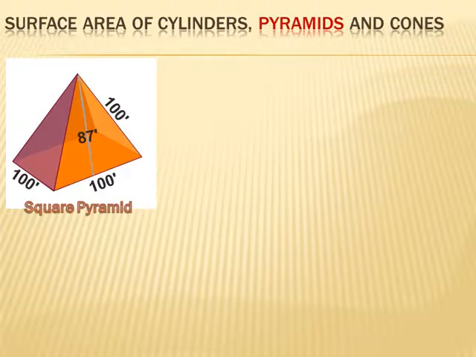Well, if the base has 4 sides, which a square would, then there have to be 4 lateral sides. And we can plainly see that each of those lateral sides is a triangle. So if we deconstruct this, we've got 4 triangles and 1 square. And we could figure out the area of each of those, total them up, and we'd have the surface area of the pyramid.